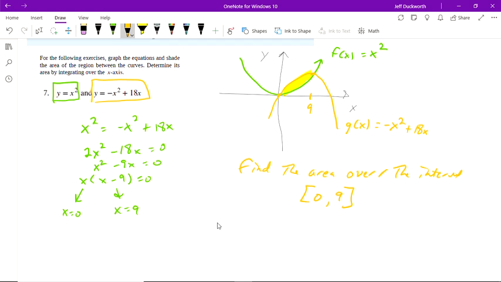All right, so our area, again, our above function that's higher over that interval, is negative x squared plus 18x. We're subtracting the function below, which is just x squared. That's with respect to x. So that gives us negative 2x squared plus 18x.